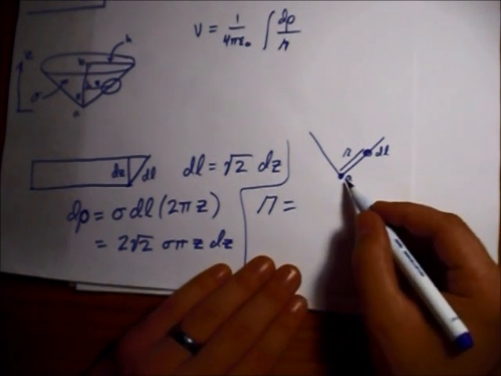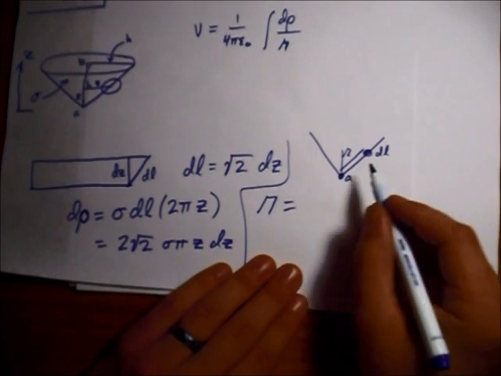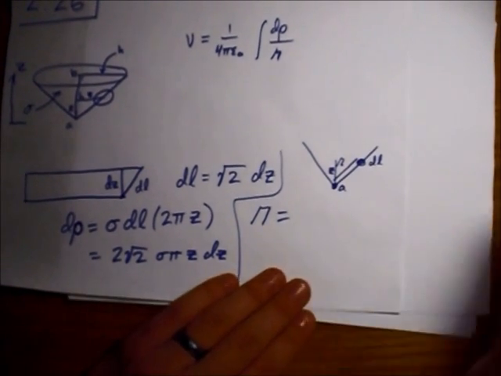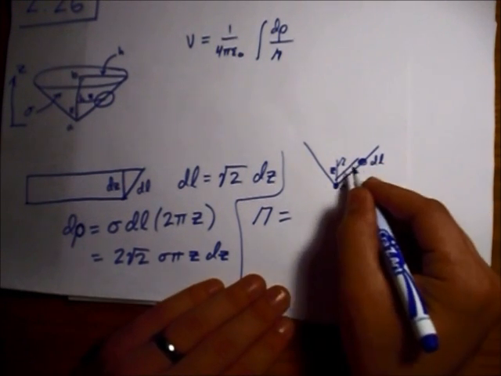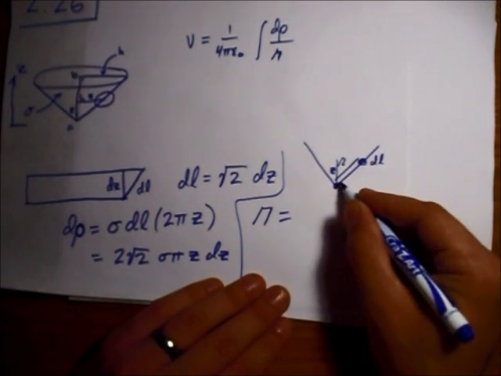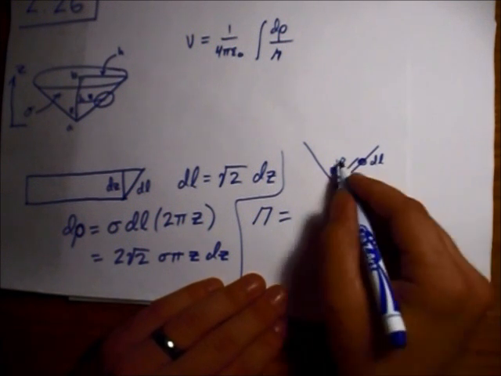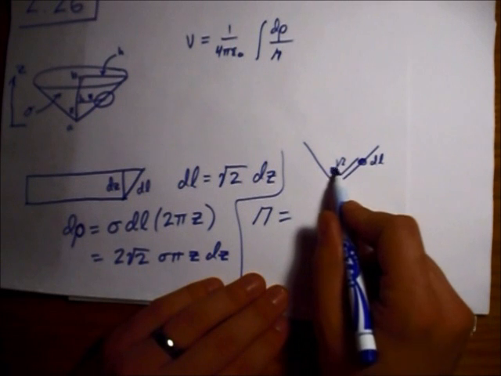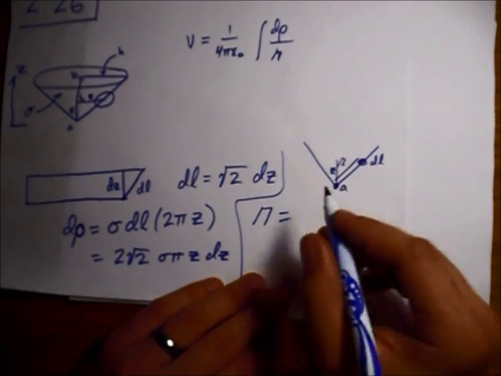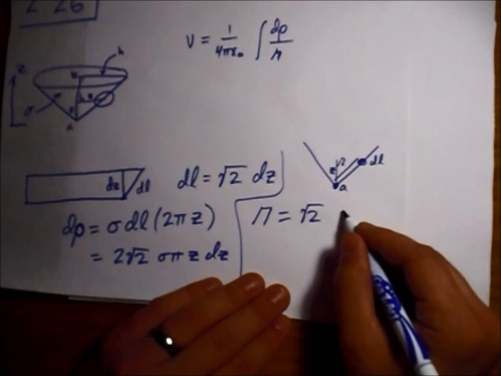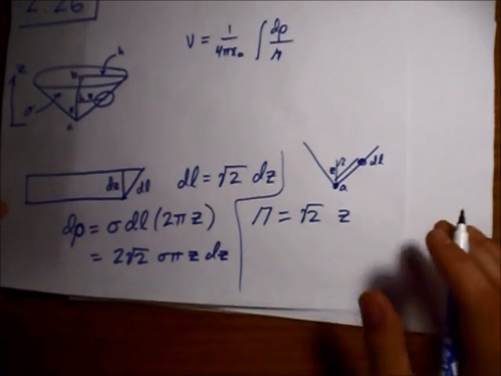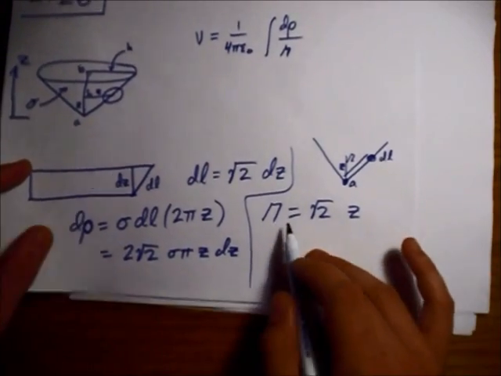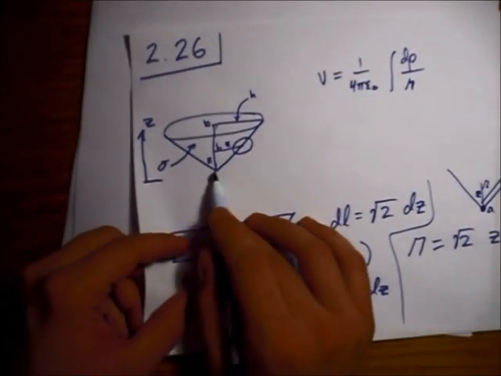If we're up at height z, don't worry about the picture getting messy, if we want the length of the hypotenuse of this 45, 45, 90 triangle, then it's just the length of one of the two equal sides multiplied by the square root of 2. So we get a square root of 2 multiplied by z.